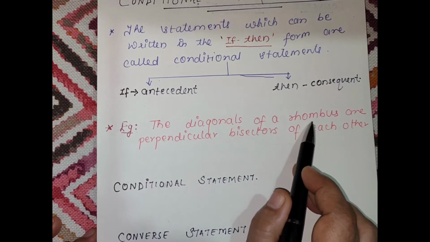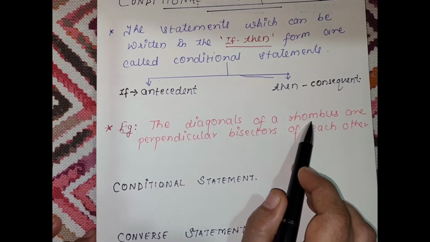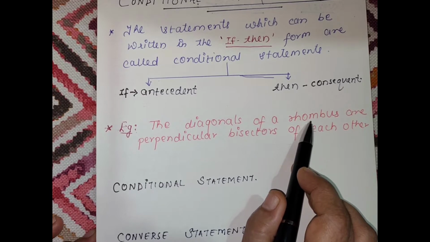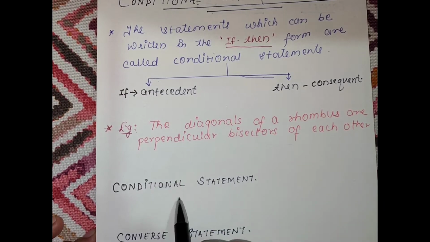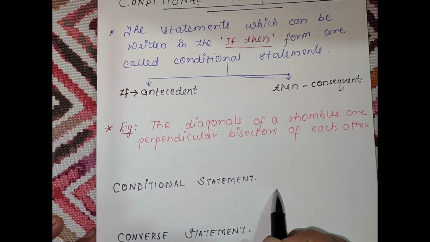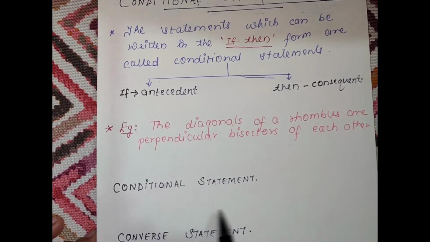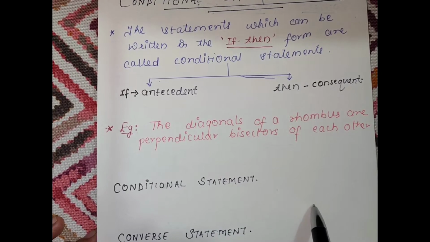Now rhombus is a quadrilateral. So whenever a quadrilateral is given, you will write: if the given quadrilateral is a rhombus, then its diagonals are perpendicular bisectors of each other.